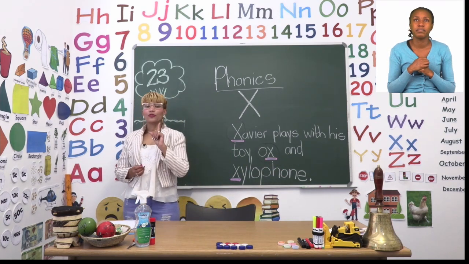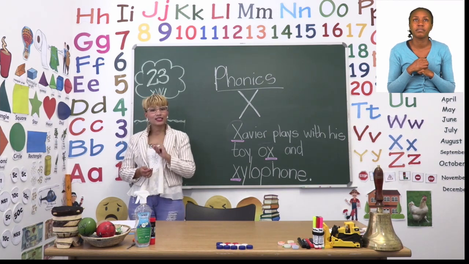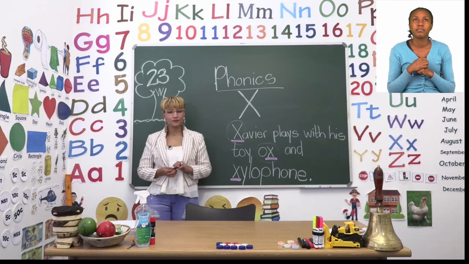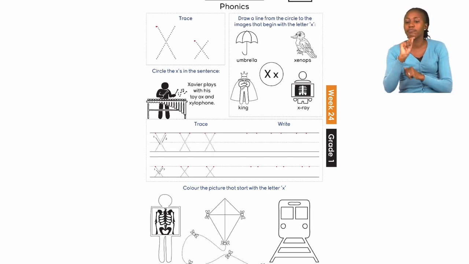Okay. Before you circle all the words, let's quickly look at the next part of the activity. Here you will see we have to trace some more. You have a few capital X's that you have to trace and also a few small X's that you have to trace.